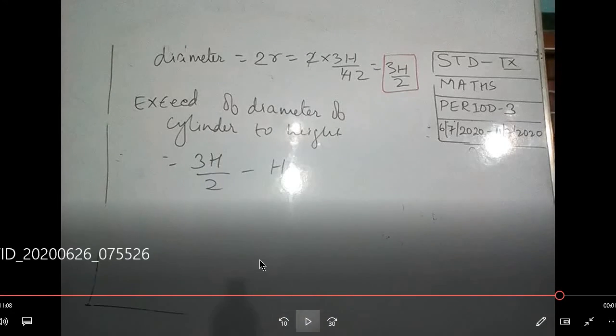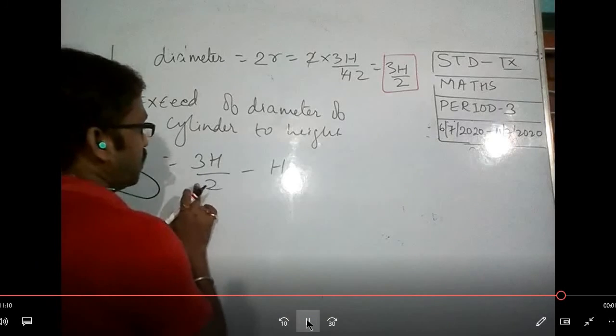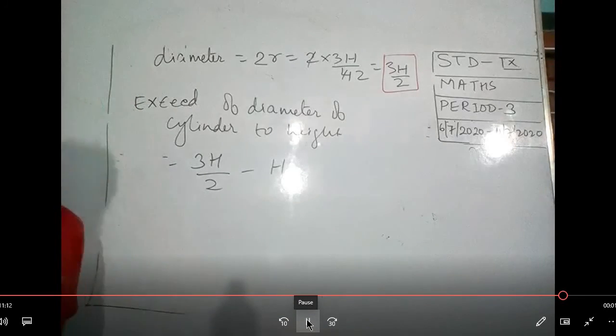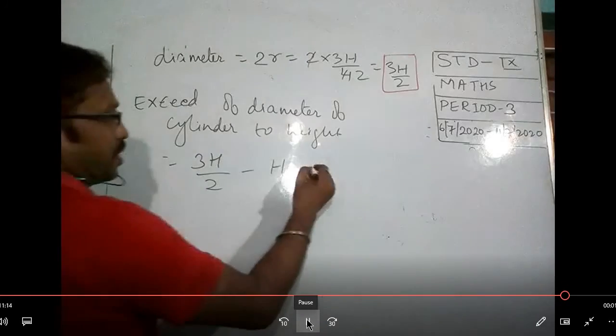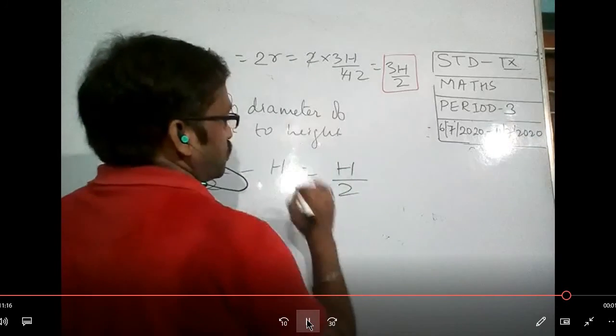So this is the net excess. This is very important also. It will become how much? 3h by 2 minus h, that means h by 2.